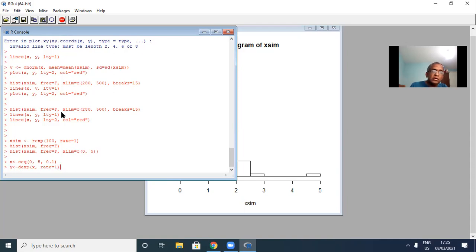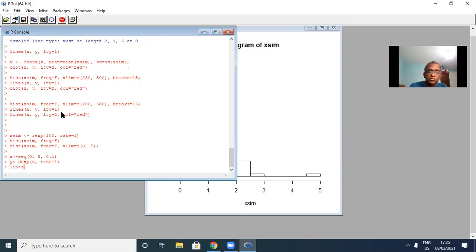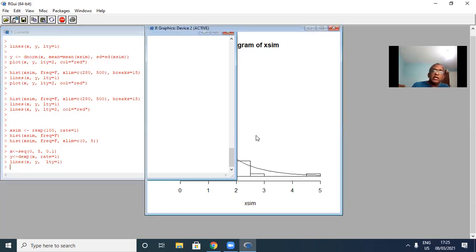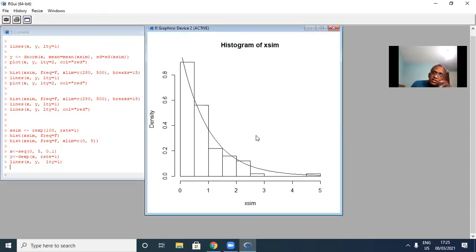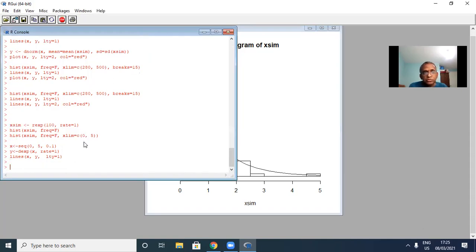Now if you do a line plot of x versus y with the line type equal to 1, this is what you will get. Now you see that the histogram and the density of the exponential match pretty well. But you should do this.